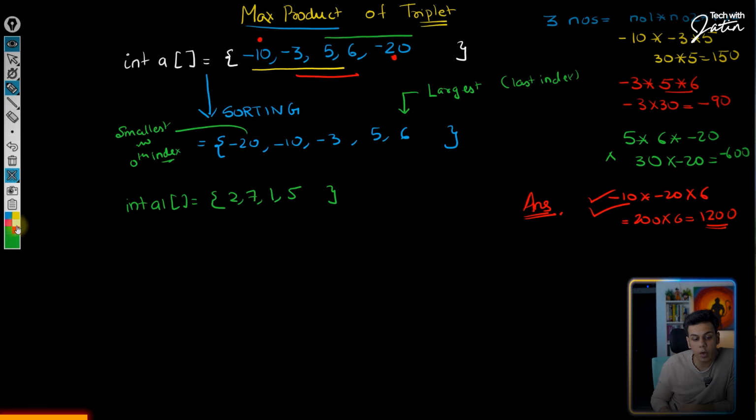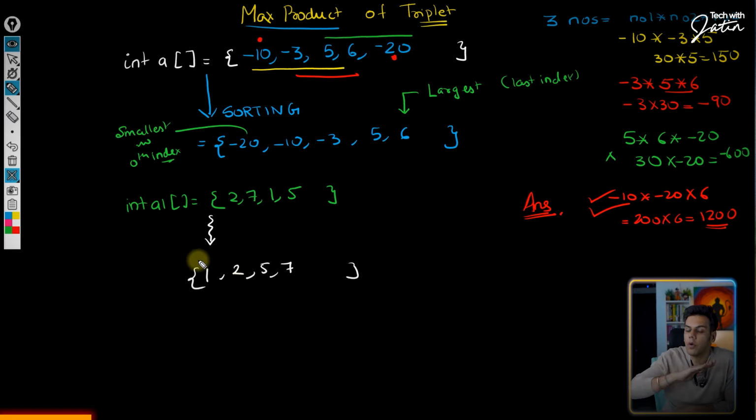If we sort this array, the smallest number comes first, then 2, then 5, and 7. So if you have all positive numbers, the maximum product is going to be the multiplication of the largest number, the second largest number, and the third largest number.